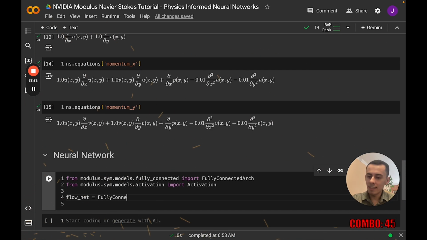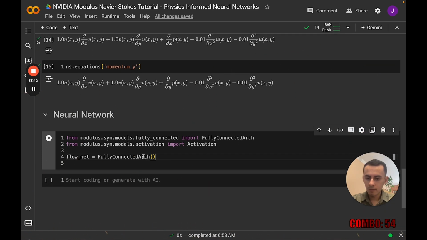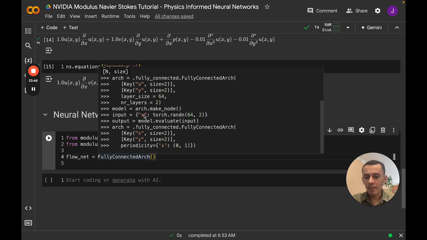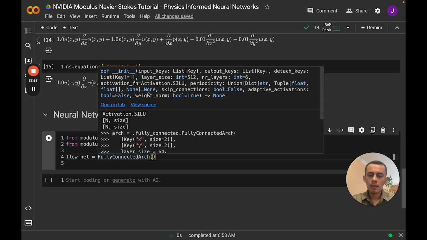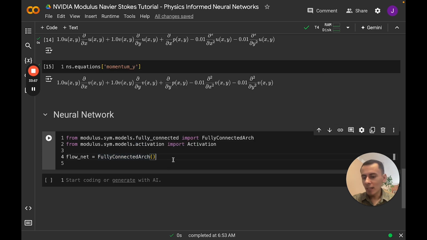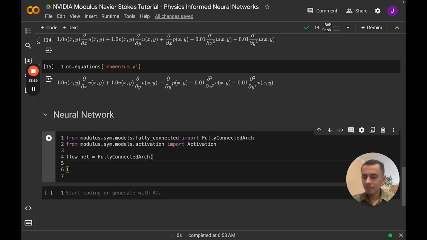Fully connected architecture. Yeah, if you hover over it, you can see a little example they have here. And we're going to actually test this example later, just because I want to show you something in the output and visualization part of the tutorial. Okay, but for now it's fully connected architecture.